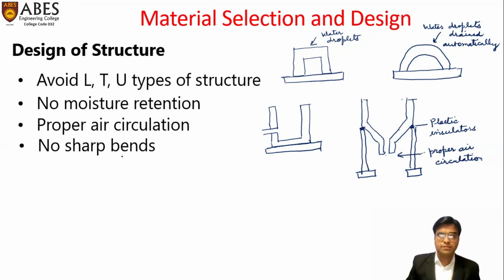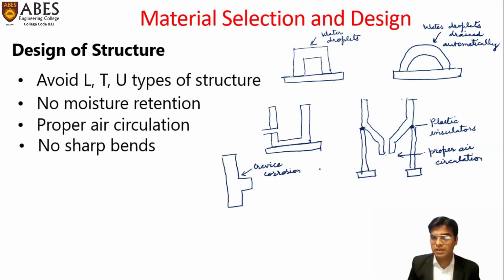Then we should avoid sharp bends. Instead of sharp bends, we should have smooth bends. For example, suppose we have to prepare a structure having the shape like this. So these are the sharp bends which may cause crevice corrosion. So here crevice corrosion may occur.